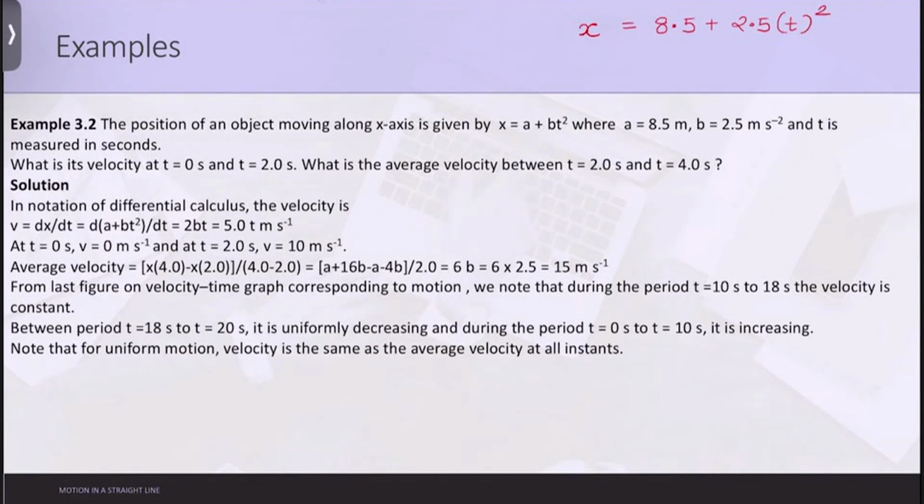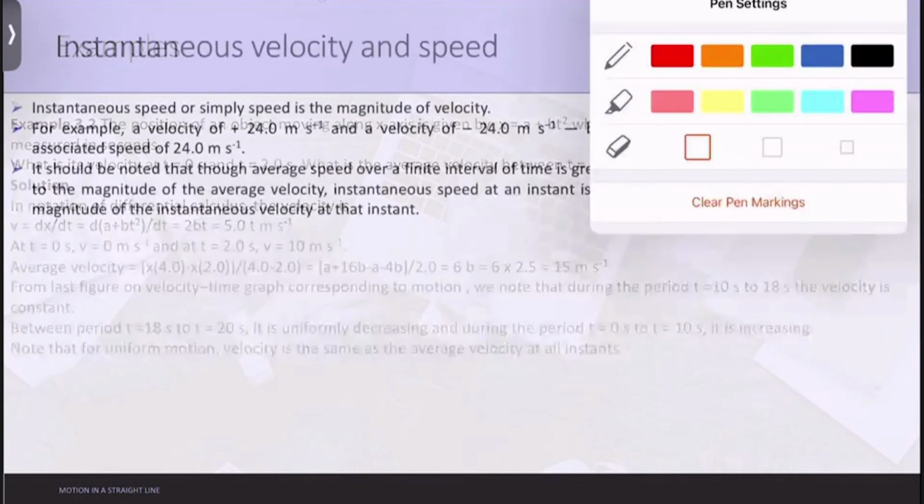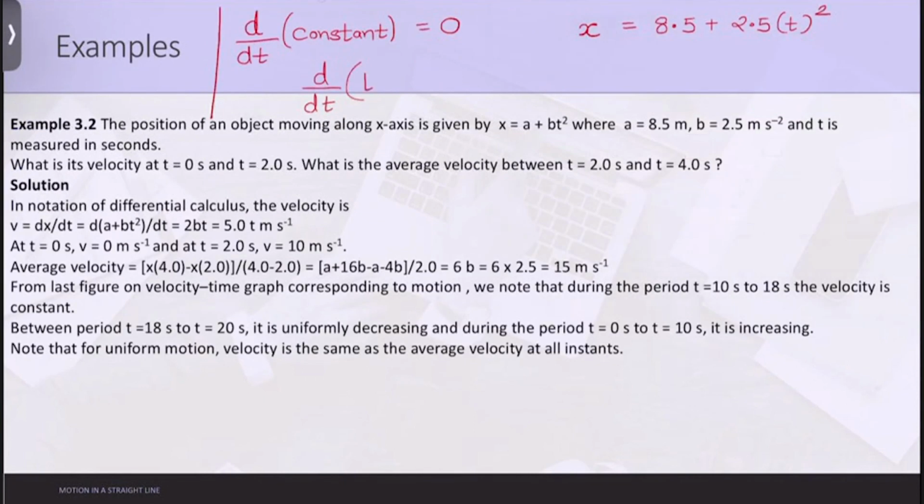First of all, please remember that d by dt of a constant value is 0. The second thing is d by dt of t to the power n, where n can be any quantity, is n times t to the power n minus 1.